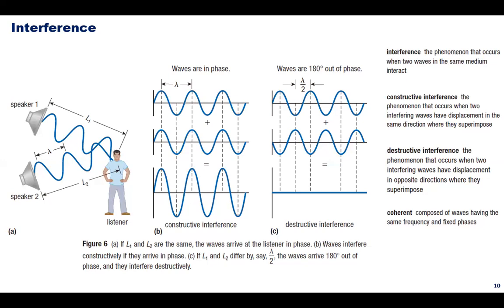Next, destructive interference means the phenomenon that occurs when two interfering waves have displacement in opposite directions where they superimpose. Coherent means composed of waves having the same frequency and fixed phases.